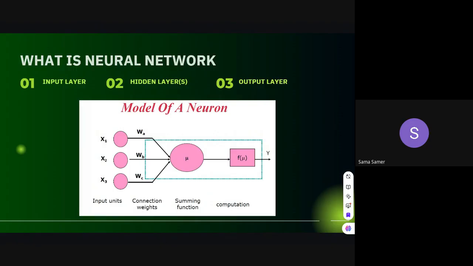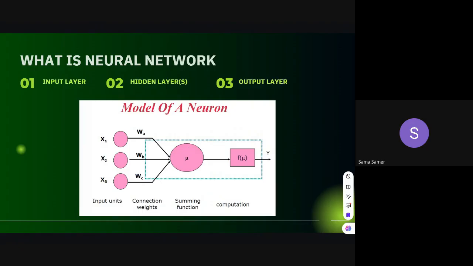The neural network has input units where I feed the features to my model. Then I initialize the weights. I say this feature is more important than this feature, and then I say that this feature is not important at all. These are the connection weights to another neuron. This neuron does what?